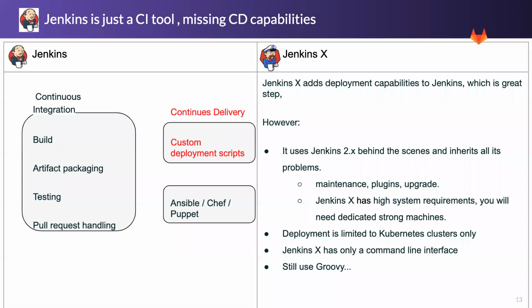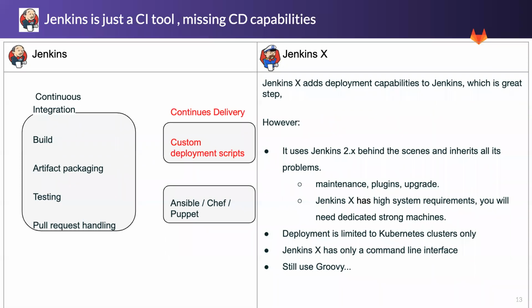And another point about Jenkins X: gone are the days when you have a conflict problem and the team says, okay, I have a conflict in my Jenkins master, I have another machine here, I will quickly install Jenkins and proceed with my task. Gone are those days, because Jenkins X has very, very high system requirements.